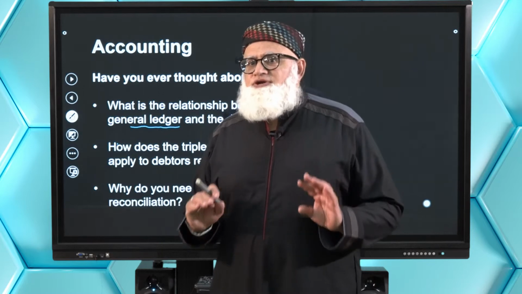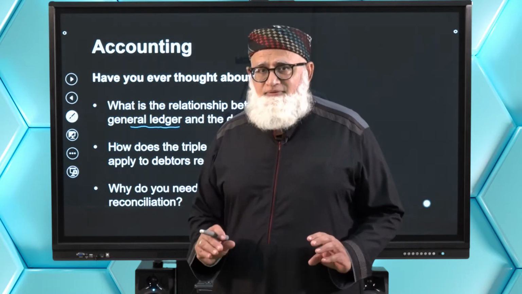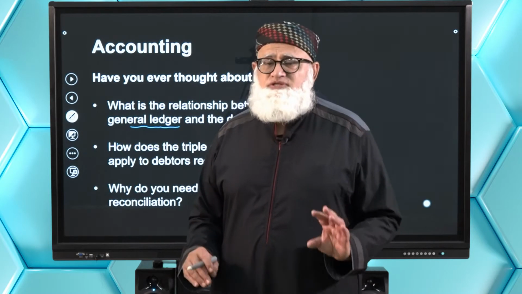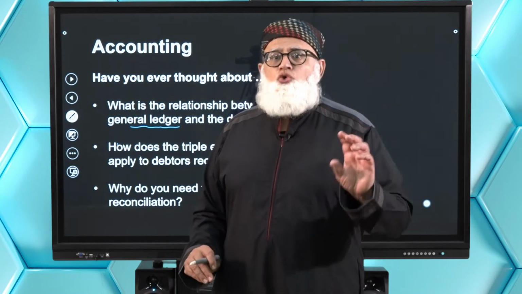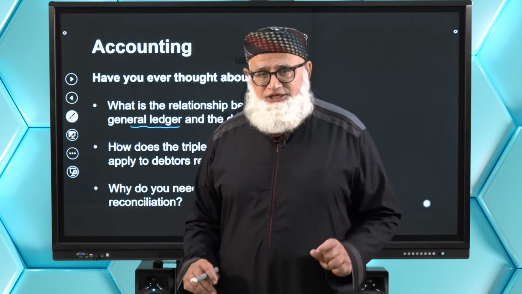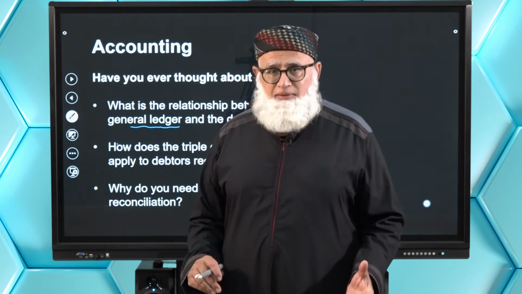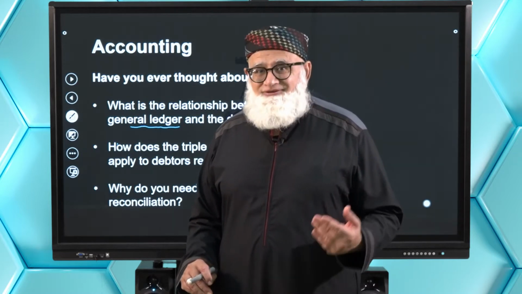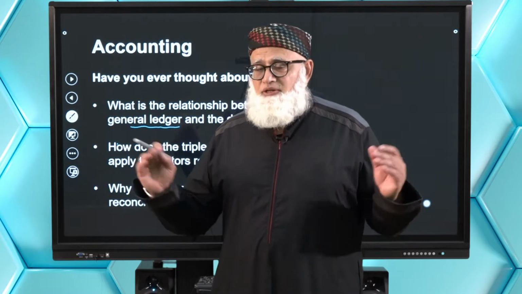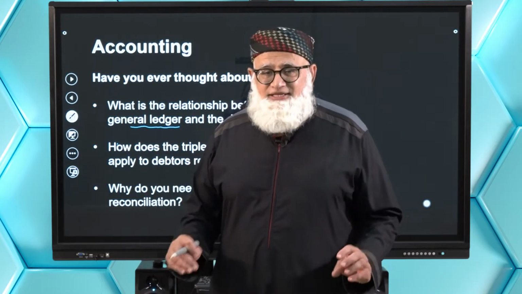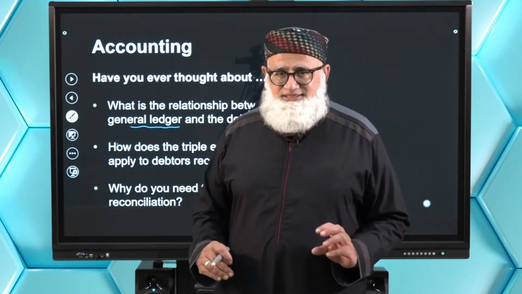When you record a transaction with a debtor or a creditor, but today's focus obviously is the debtor, you will record the double entry in the general ledger. For example, we sold goods on credit to our debtors, right?